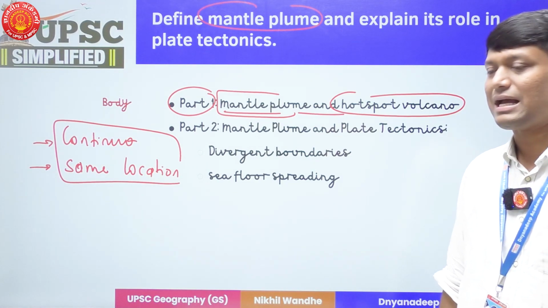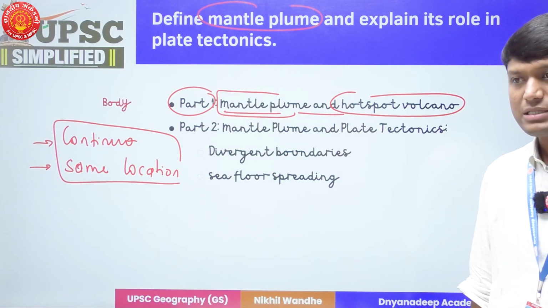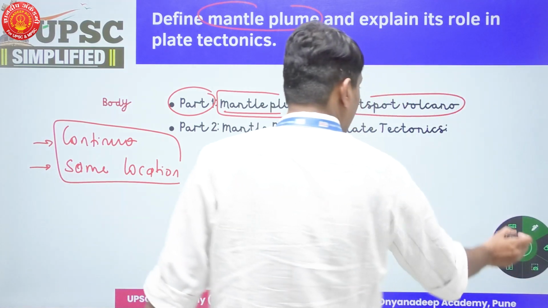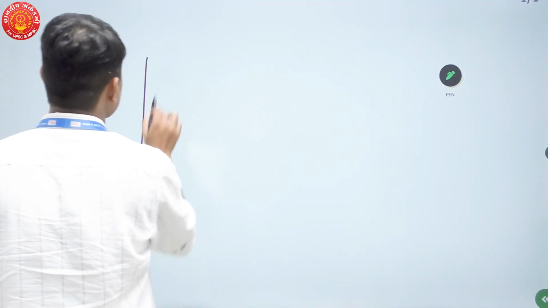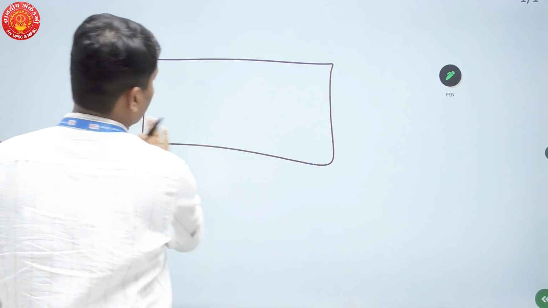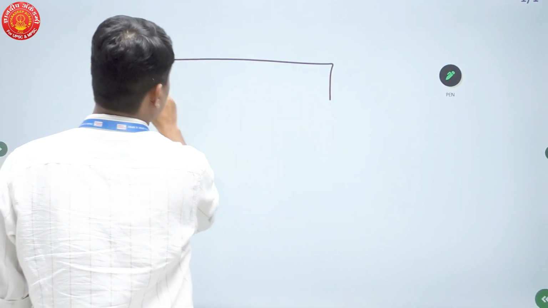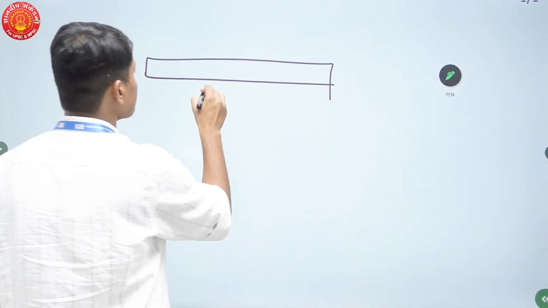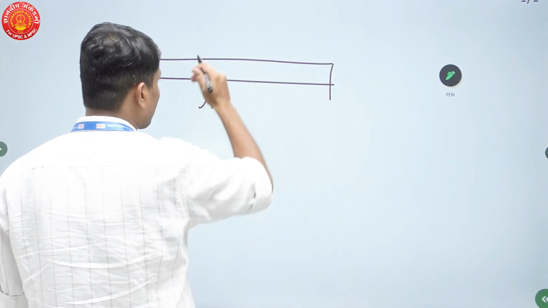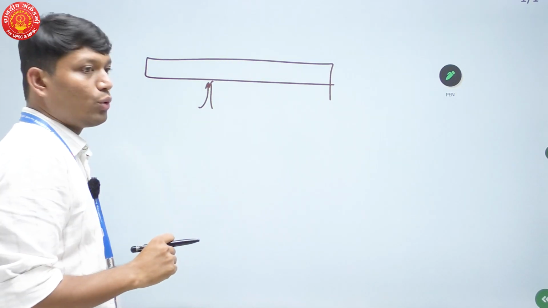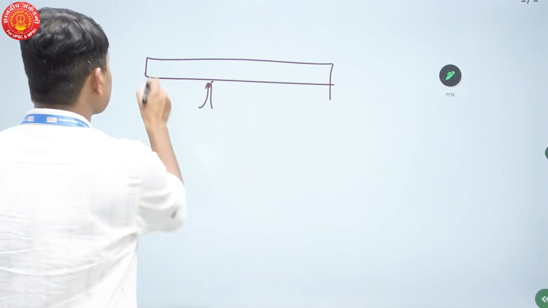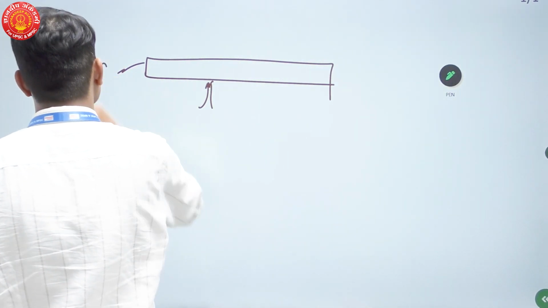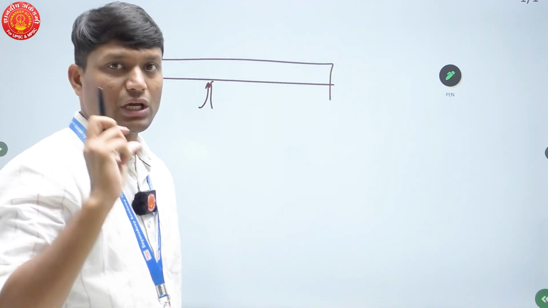Now what happens as a result of this continuous eruption? Generally we find hotspot volcanoes in oceanic areas or at the surface of the ocean. So we have a mantle plume, rising lava at the ocean surface. The oceanic surface is a very thin oceanic crust.